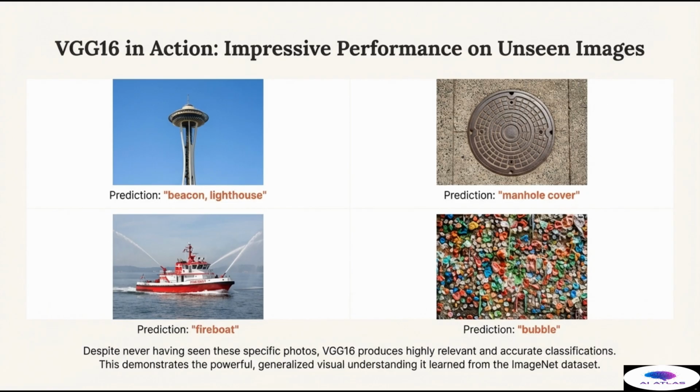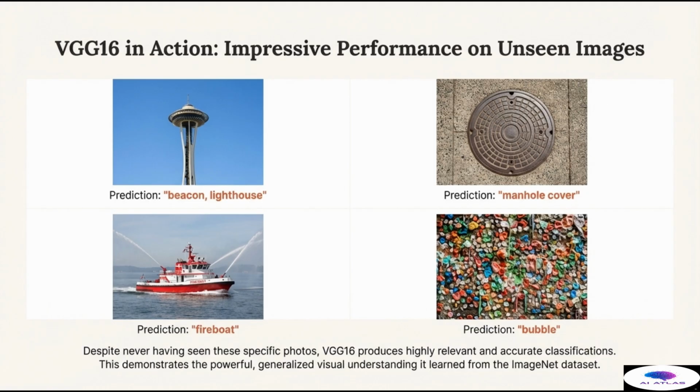Similarly, it correctly identifies a common street object as a manhole cover and complex machinery on the water as a fireboat. Perhaps most impressive is its ability to categorize complex textures, such as the wall covered in used chewing gum, correctly classifying it as bubble.